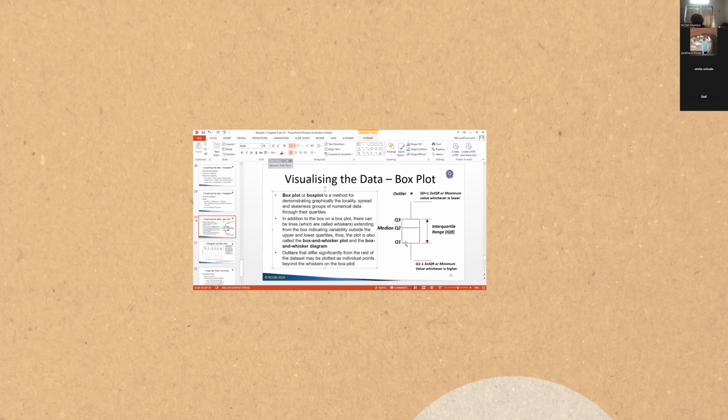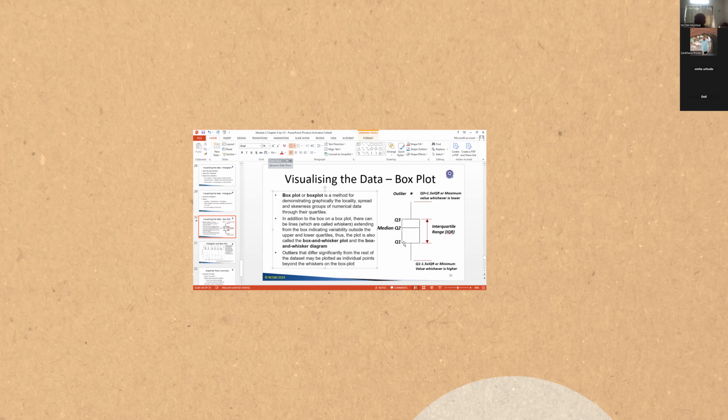Based on the data, we might find that Q1 comes to 20 years. That means 25% of the population is below 20 years. Okay, so that's the use.